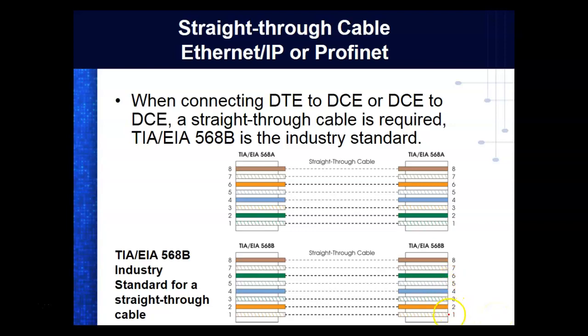So this is a pair right here. And I don't know if it's transmit or receive. I think it's transmit. And the other pair is green, white, green. And this might be receive. I'm not really sure, guys. I need to look that up. Now notice, to get our EMI reduction and get the characteristic impedance, these two guys here are twisted together.